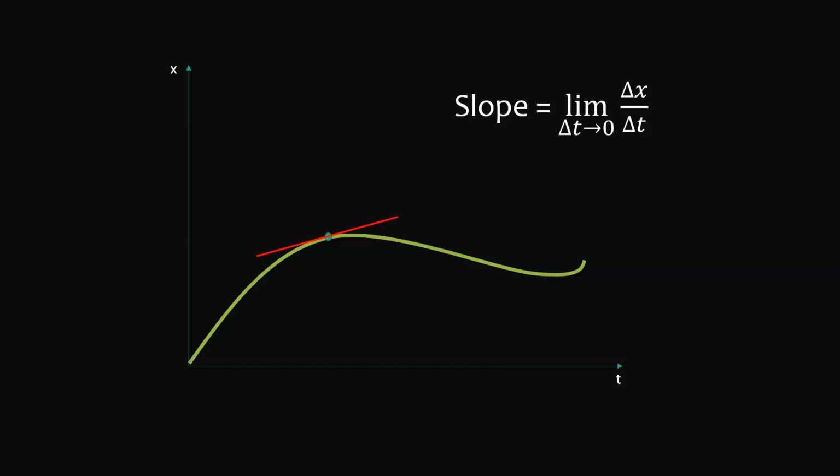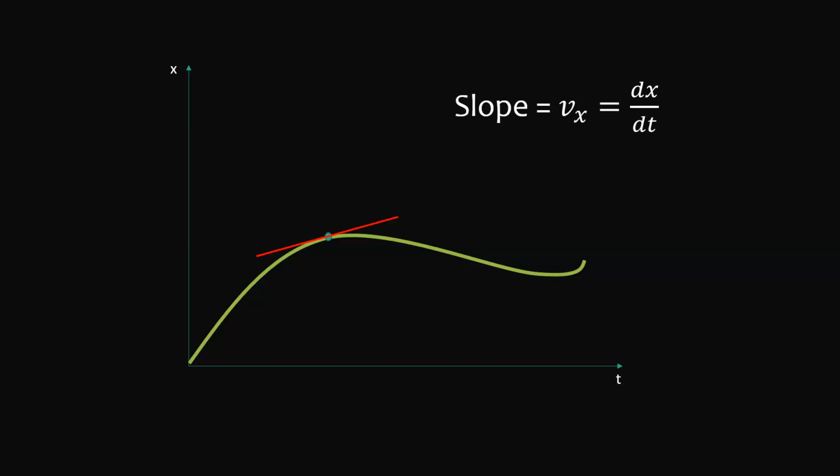But if you remember in calculus, this is equal to the derivative of x with respect to t. So therefore, the instantaneous velocity of that particle at that position, at that moment in time, is the derivative of this function with respect to time.